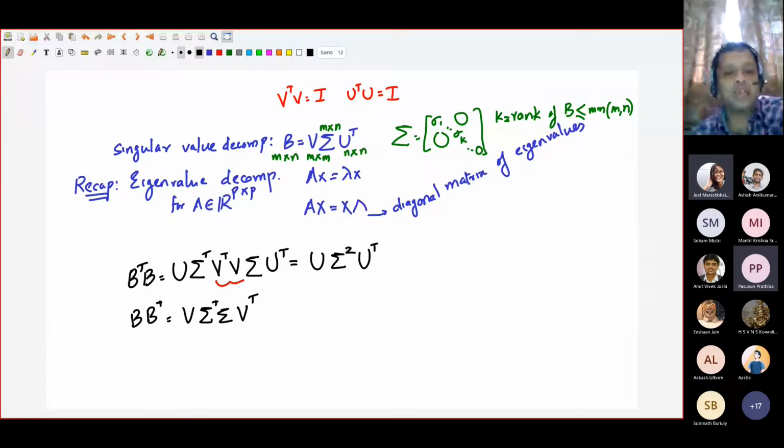The eigenvalues of B transpose B are the square of the singular values of B. In fact, that's true about B B transpose as well.